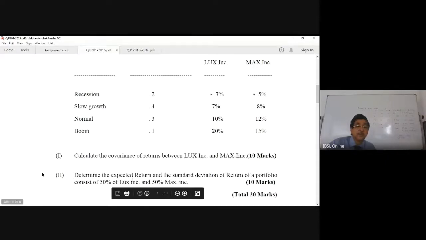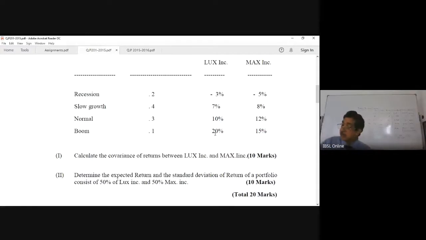You have to get the expected return of lux. We have already calculated that. Expected return of lux is 7.2%. Expected return of max is 7.3%. So the expected return of the portfolio is 50% into 7.2 plus 50% into 7.3, that is 7.25.